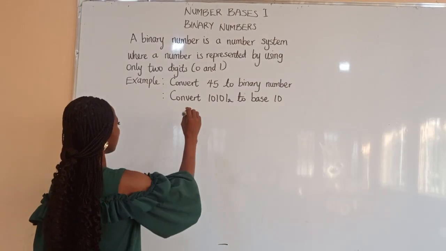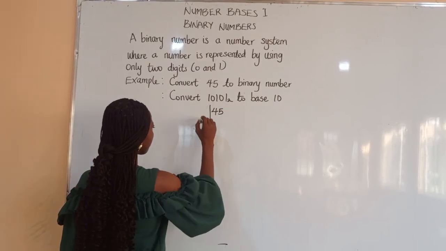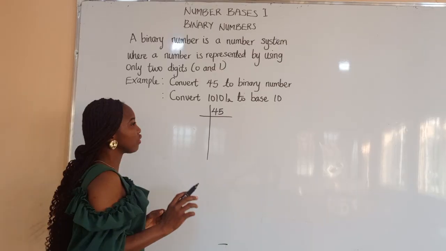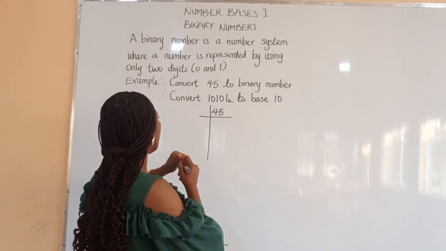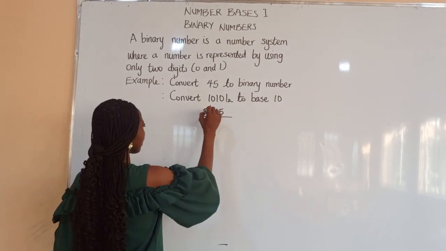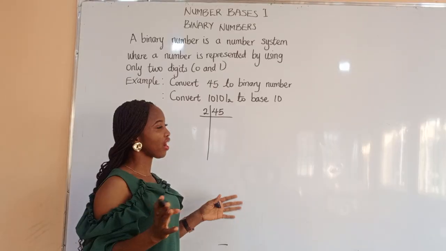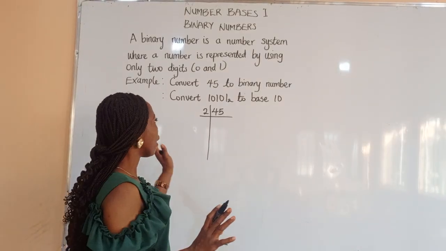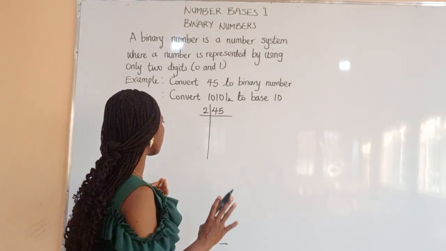Okay, so let's say we have 45. Now, because we are converting to binary number, which is a base 2 number, we are going to use 2. If we are converting to base 5, we divide by 5. Base 8, we divide by 8. But we are converting to binary number, we use 2.